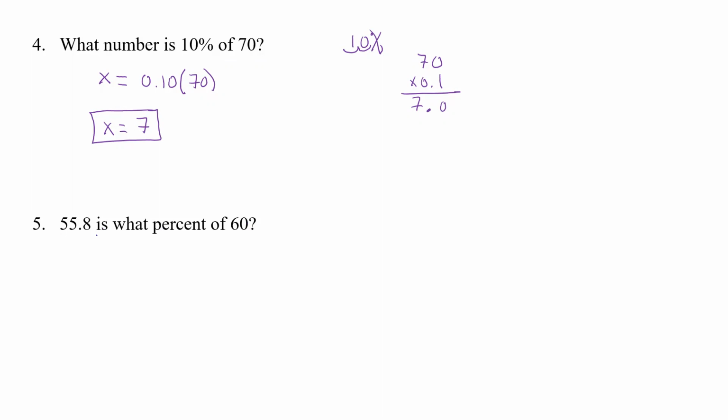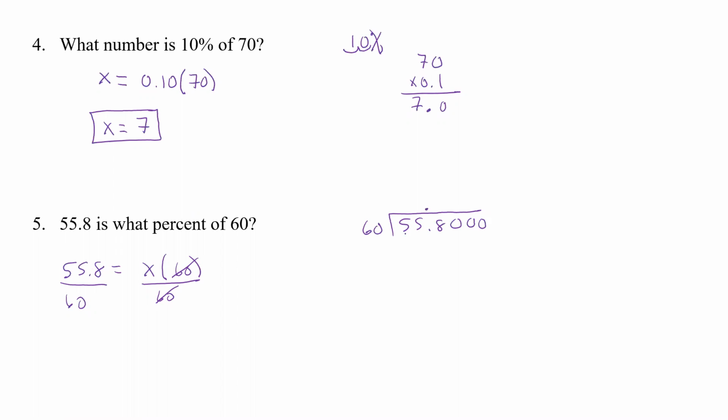So 55.8 is what percent of 60? Okay, so now we divide by 60, and so those cancel. And now we just have to do the long division of 60 into 55.8000.